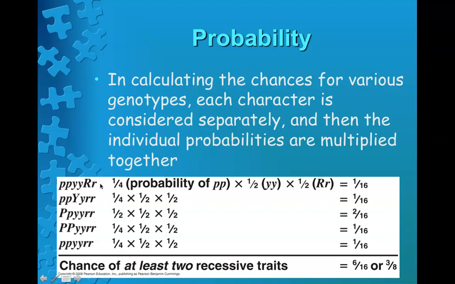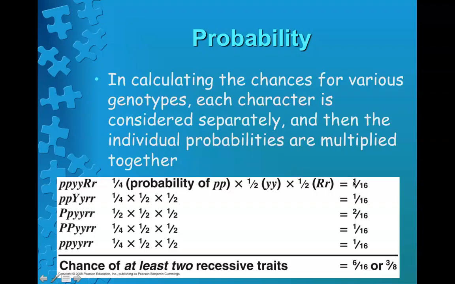So if I have an individual who's like this, and I want to know the probability of getting at least 2 recessive traits as a whole, then I can take this option: a quarter having 2 recessives, half getting 2 for this, and half of them getting this.